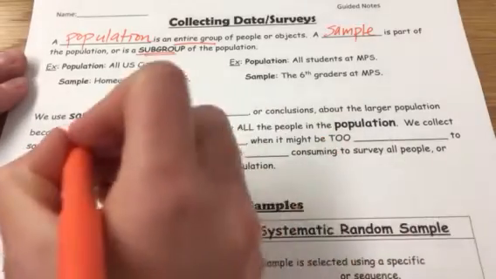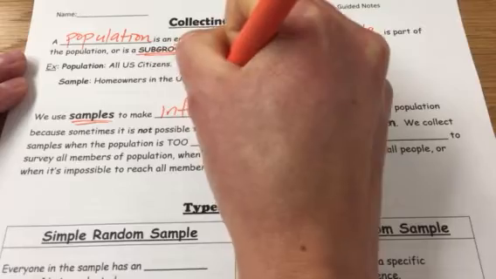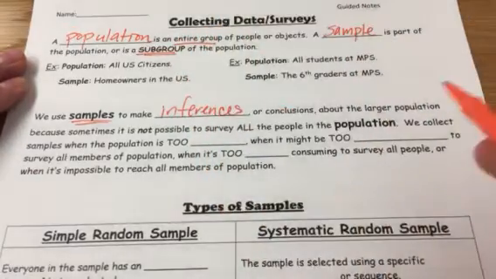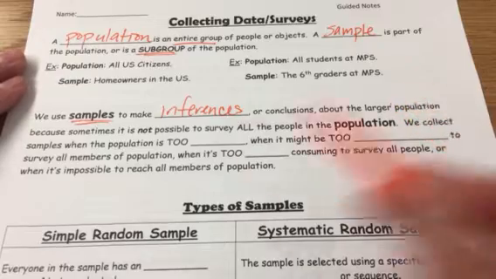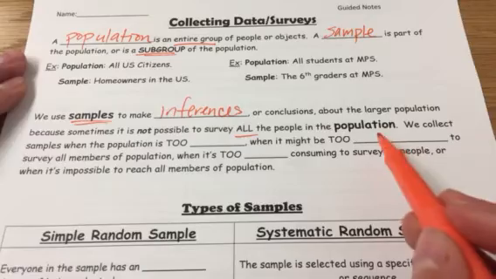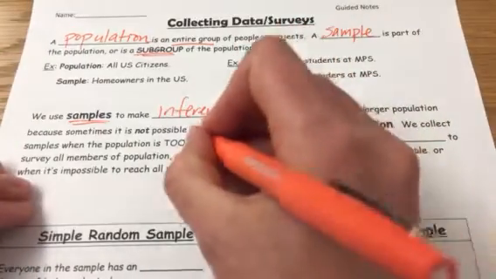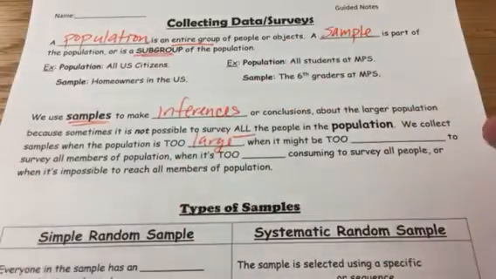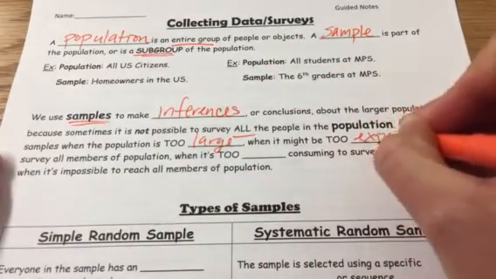And we use samples to make inferences or conclusions about the larger population, because oftentimes it's not possible to survey all of the people in the population. So we use samples when the population is too large, when it might be too expensive, too costly.